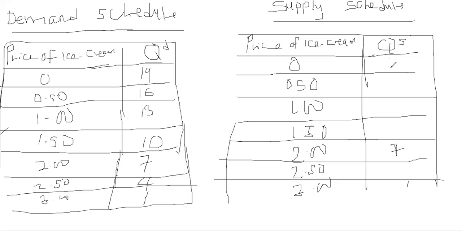Let's just take this 19, because the quantity supplied should be increasing with price, and this is more of the demand.